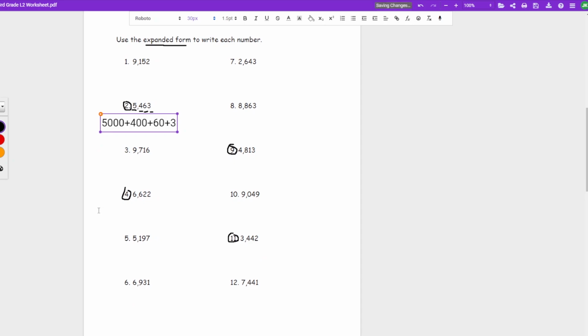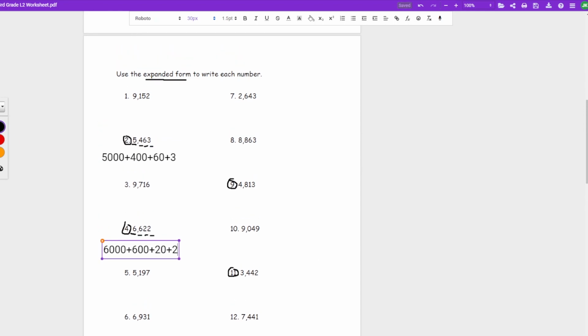And question 4, we have 6 thousands, 6 hundreds, 2 tens, and 2 ones. So I'm going to write it out. We have 6 thousands plus 6 hundreds plus 2 tens and plus 2 ones.